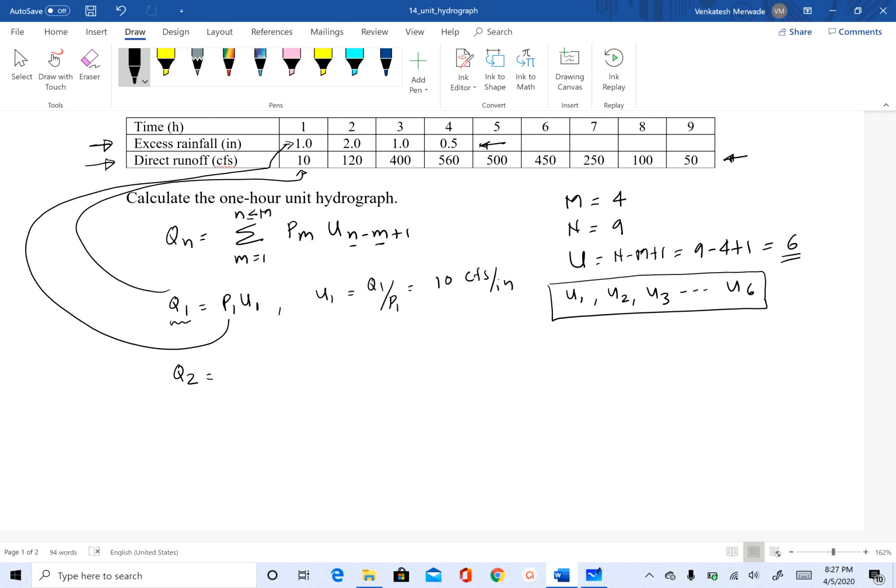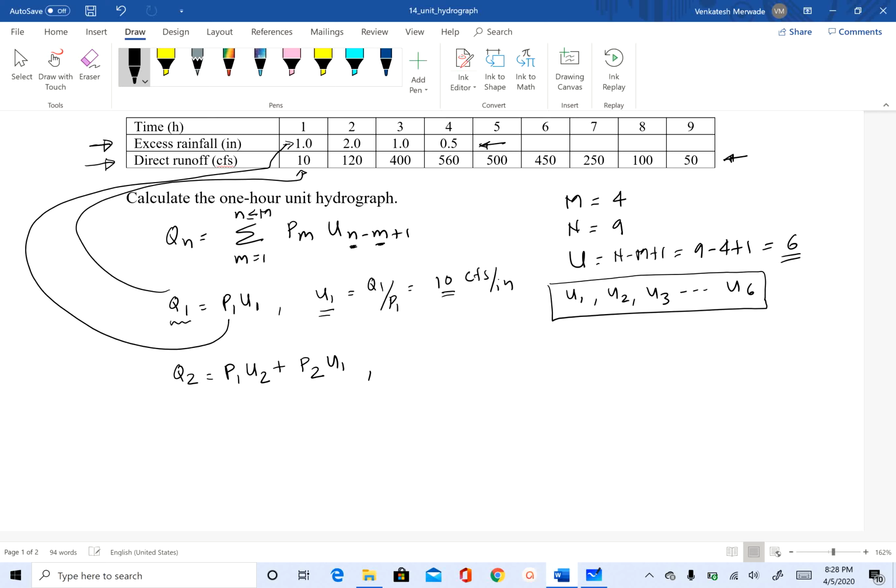For m equal to 1, we have P1, and n is 2 here, so 2 minus 1 is 1, giving P1 U2, plus, doing that one more time with m equal to 2, P2, so 2 minus 2 is 0, and then 1, U1. Then we know what U1 is, which is 10 CFS per inch. So then you can solve for U2.